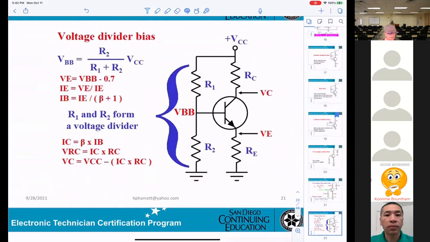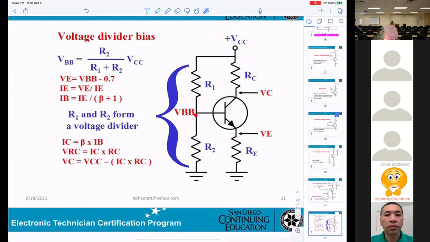Every time you see a transistor circuit, they use what they call voltage divider bias. Why do they want this one? First, they need only one voltage, VCC. To supply the voltage for the base, they use two resistors, R1 and R2, as a voltage divider.